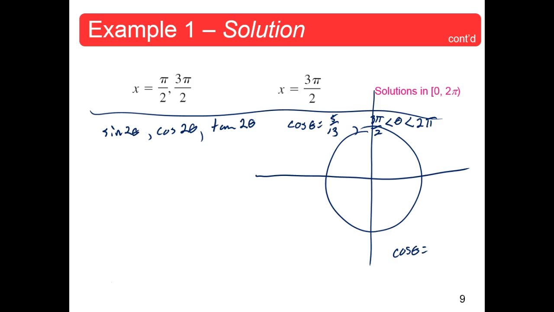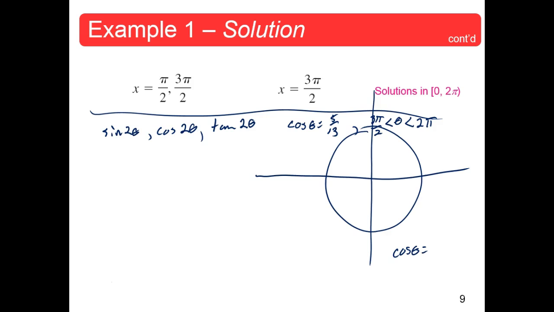Cosine is x, y, and r. Remember back when we identified those things? Cosine is always the, okay, in terms of adjacent, opposite, and hypotenuse. Cosine is? Caught another hen.